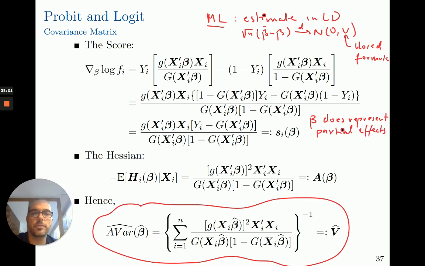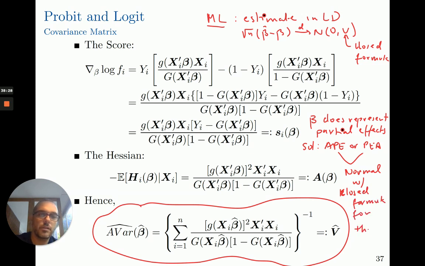So we have to compute the APE or PEA, the average partial effects or partial effects at the average. Both of these are also normal, with closed formulas for the variance.